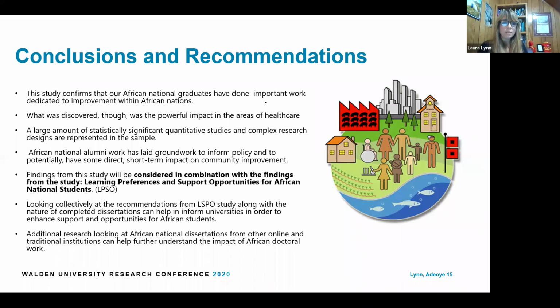Thinking ahead, if they were to publish and present or ask for grants within different organizations, the strength of the methodology is a really important factor to note. So that was exciting.